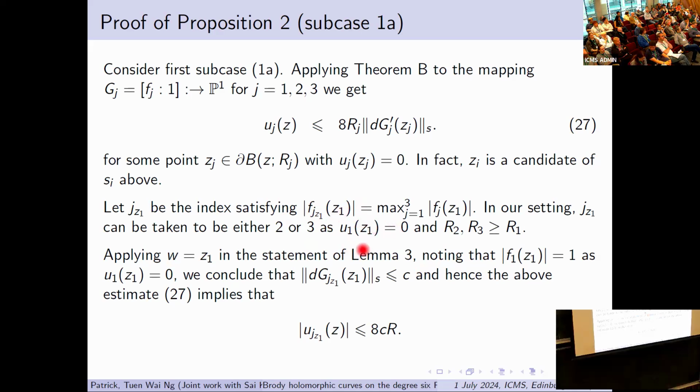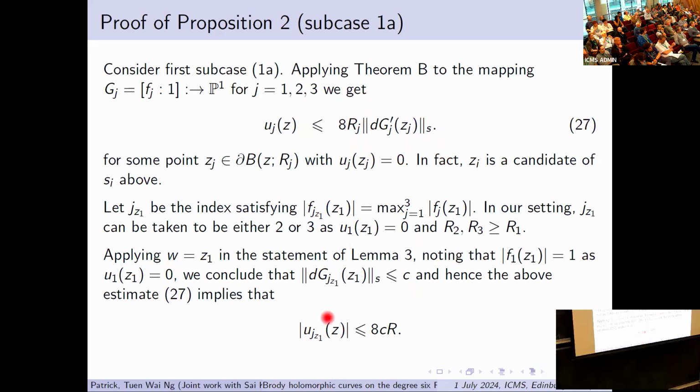And if you have u_{1}(z_1) equal to 0, this is the same as saying that the absolute value of F_1(z_1) is equal to 1. Then from one of the previous lemmas, we know the spherical derivative has an upper bound given by C. So now you put this information into this inequality.